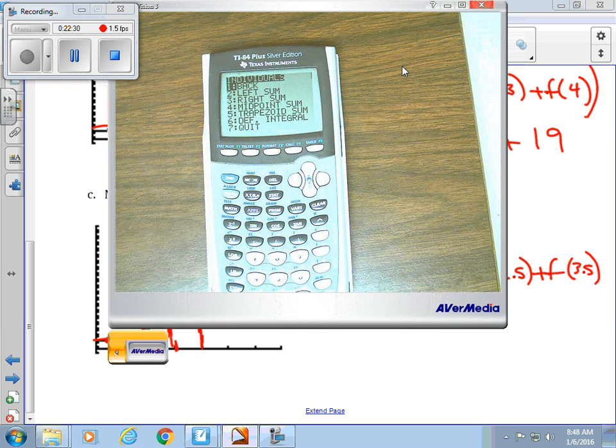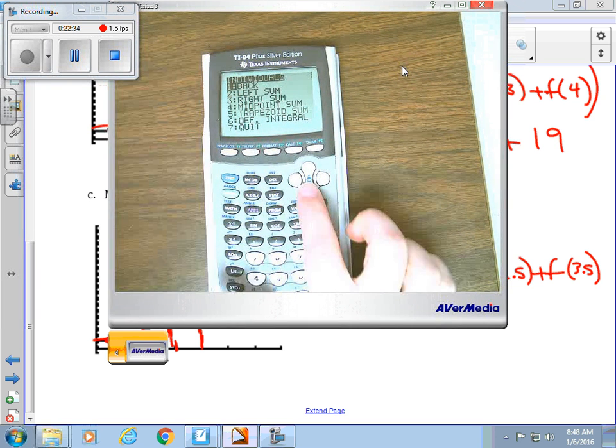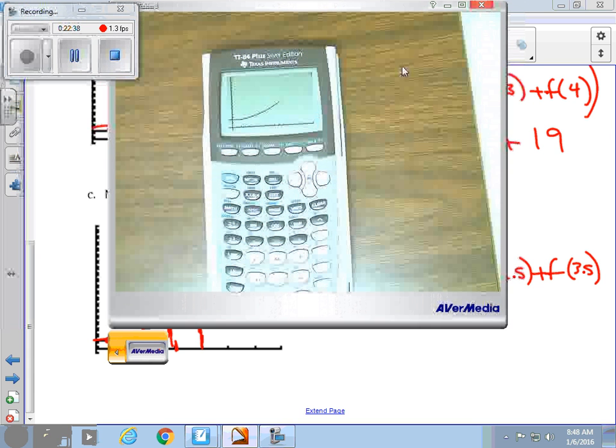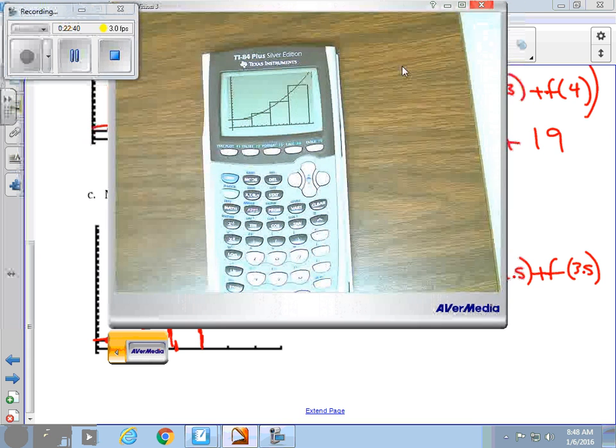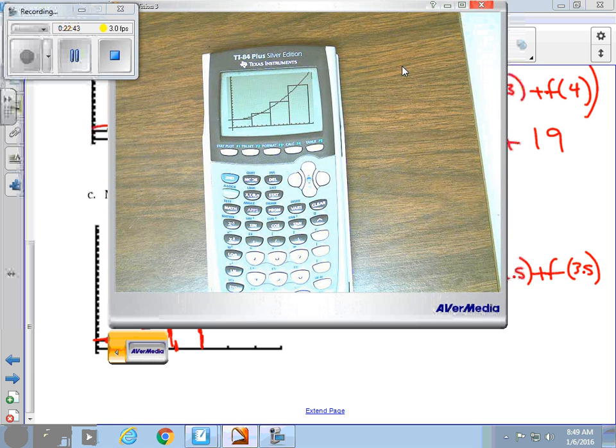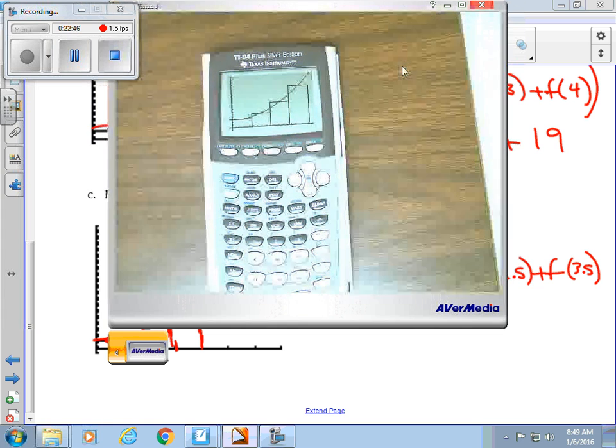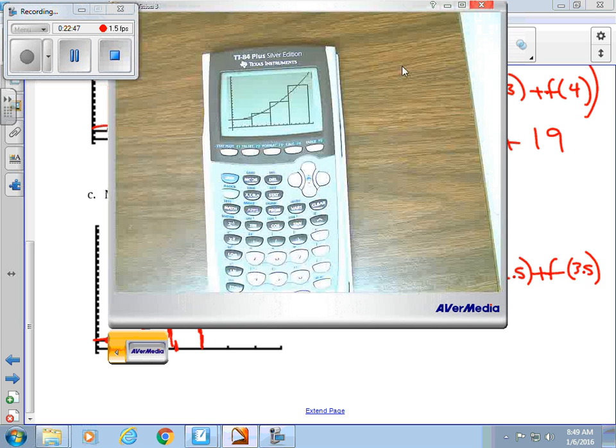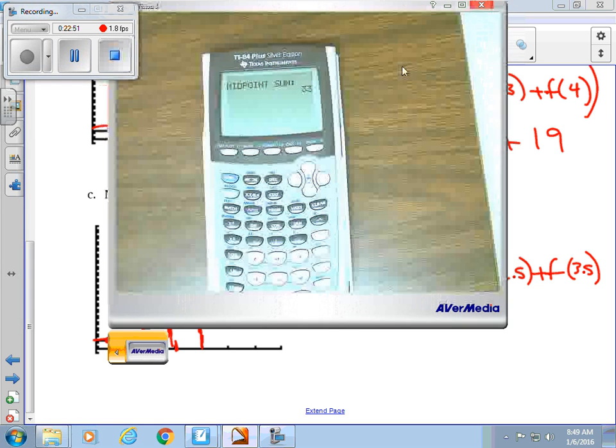And which one did we just do that we want the answer to? Midpoint. So I'm going to go down to midpoint sum. If you do all, it will draw the picture for you. It's nice. And so it will draw the picture. And then if you push enter one more time, it will tell you that that sum is 33.